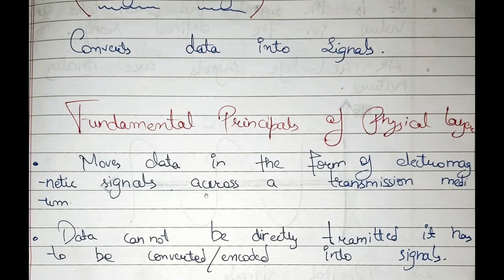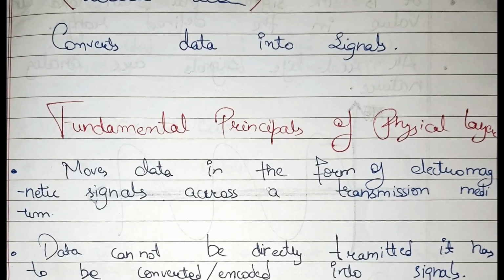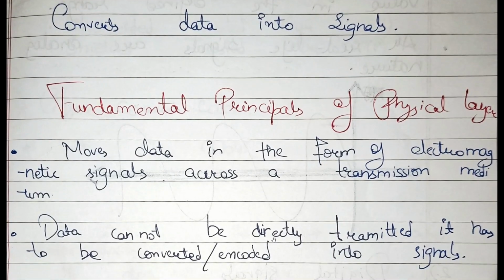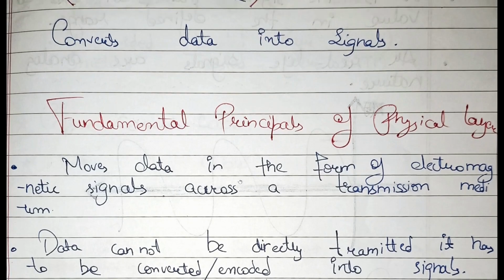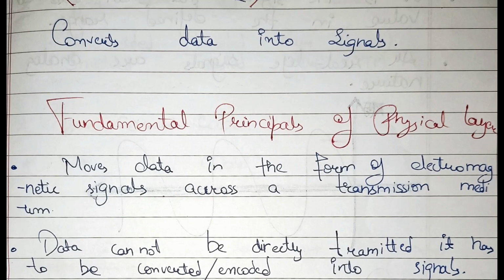Just imagine that it will move data in the form of signals across the transmission medium, and those signals will be electromagnetic. Now, data cannot be directly transmitted, it has to be converted and coded into signals. Why? Because data in its actual form cannot be transmitted over these lines, which are meant to carry electrical signals.